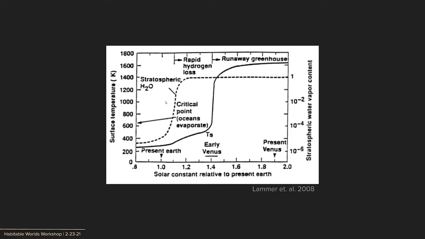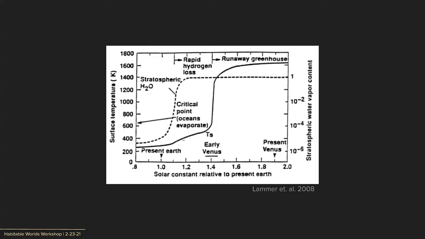And so what's happening while that water is being lifted up into the atmosphere is that it's also being photolyzed into hydrogen and oxygen gas. Now, hydrogen being about 8 times lighter than oxygen has a much easier time getting to the top of the atmosphere and escaping to space. Now, eventually what that leaves you with is a bunch of oxygen in the atmosphere, which serves to heat up that atmosphere.